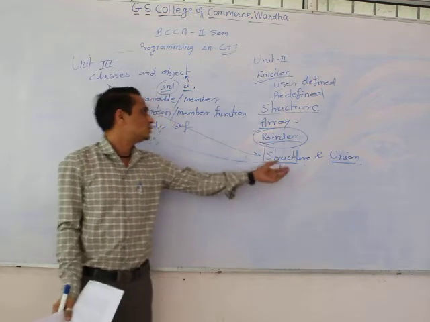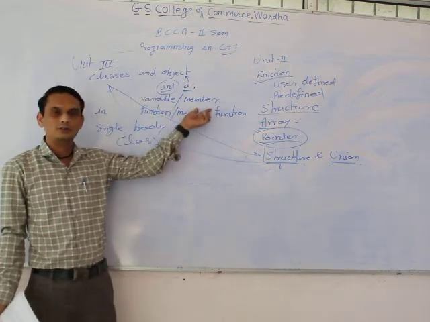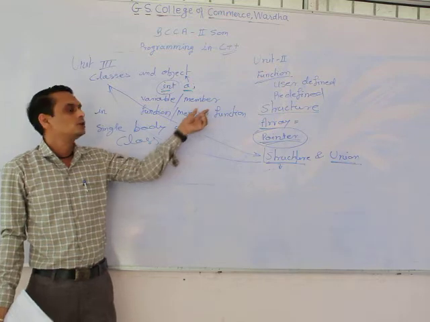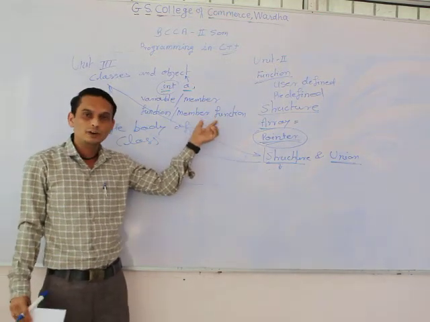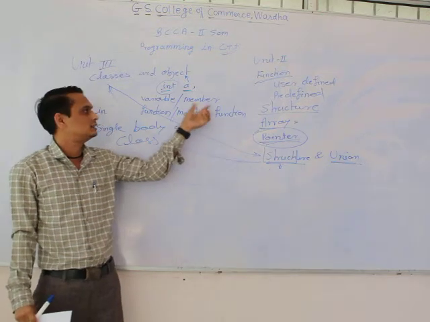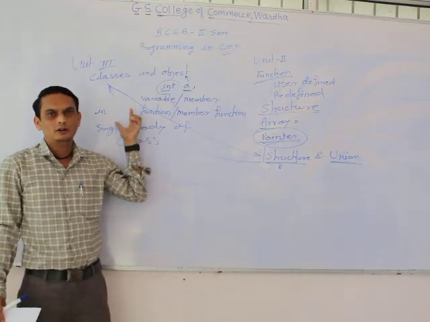In a structure we just declare the variables or members of a structure, but in a class we can declare the members as well as member functions. Member functions have the capability to access the members of a class.